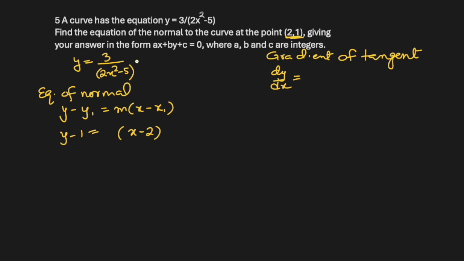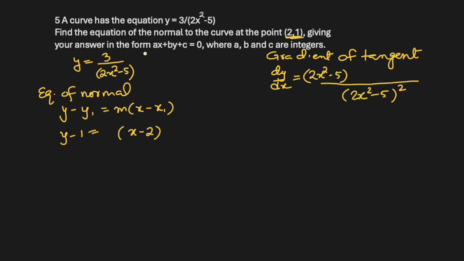So let's differentiate this by the quotient rule. Well, it's a reciprocal kind of function, so we can use the quotient rule on this. So 2x square minus 5 is squared first, then 2x square minus 5 is written normally, and the numerator is differentiated.